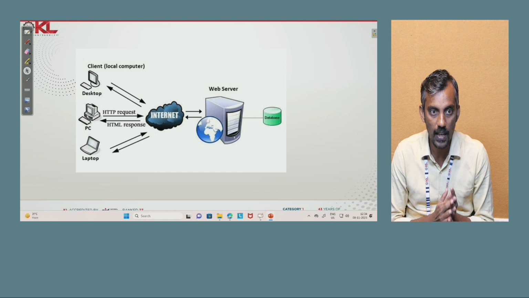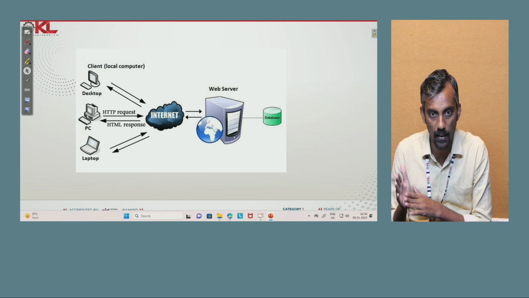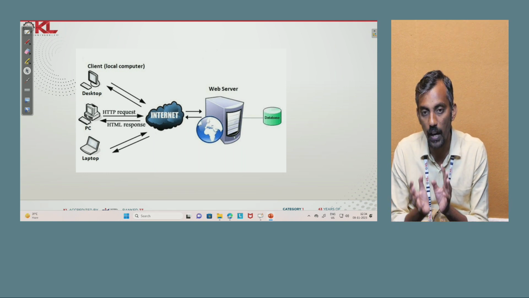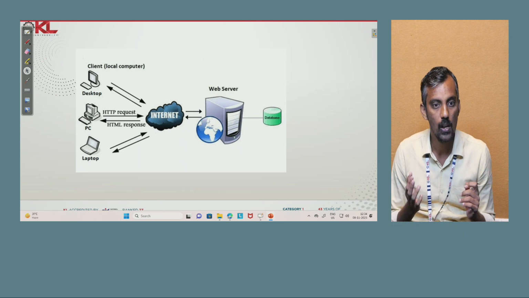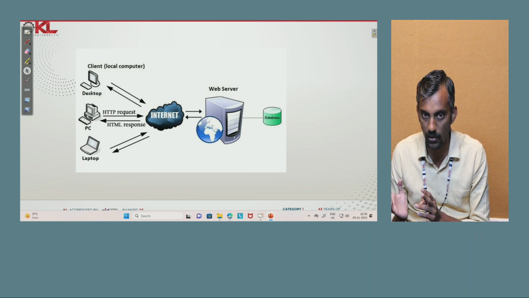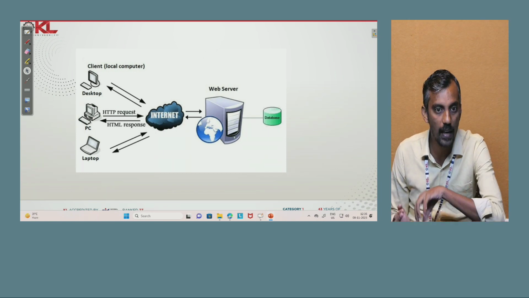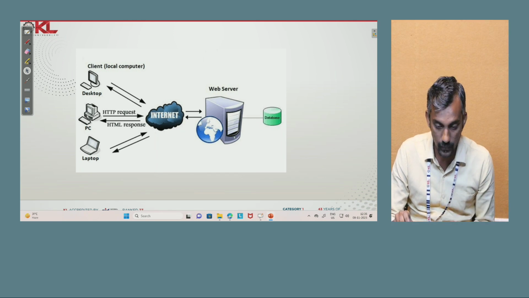First, users can access web servers through the internet. The server contains a lot of information stored in backend data. The user first sends a request through the internet and it goes to the server. The server accesses the database and responds to the user's request.